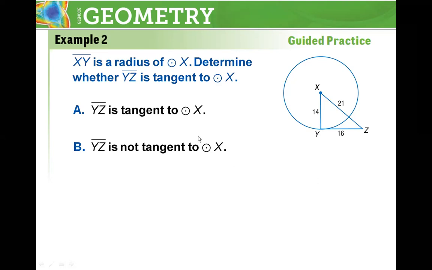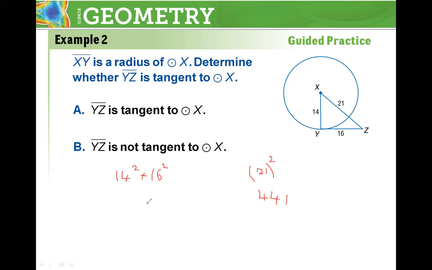First I have 21 squared, which equals 441. On the other side, I add 14 squared plus 16 squared.